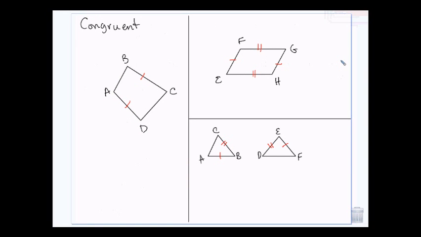All right, when we talk about congruency, you can have congruent inside one shape, or you can have congruent between two shapes, like segments. The side length, we'll call that our segment. So in this instance, we have AD is congruent to BC. But AB and DC are not congruent because they don't have any marks.